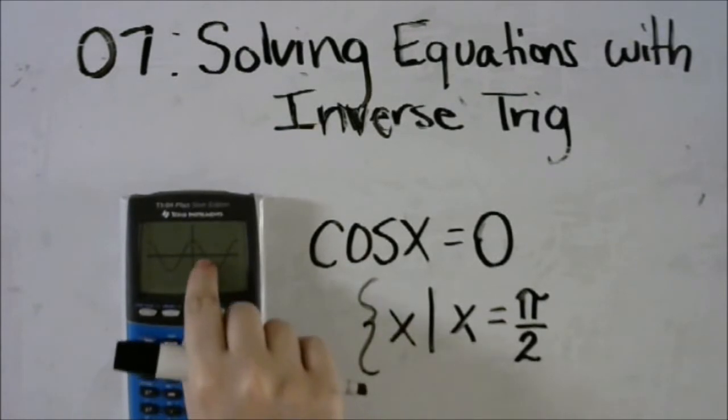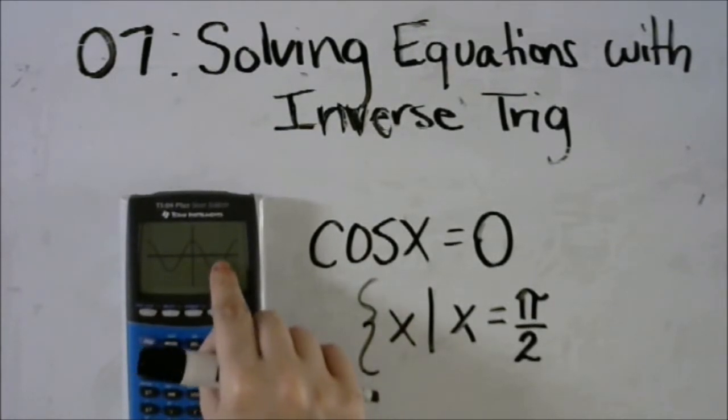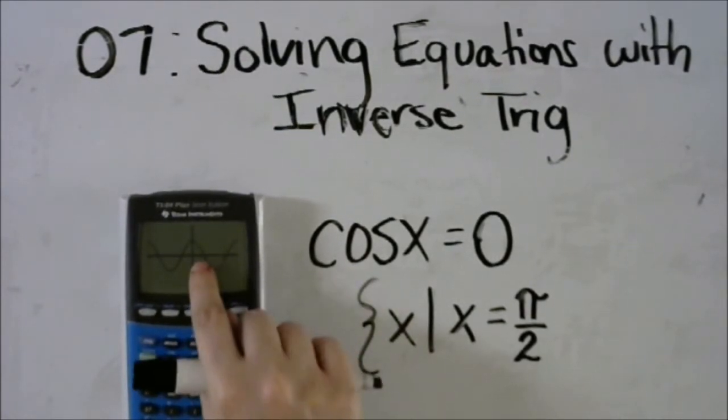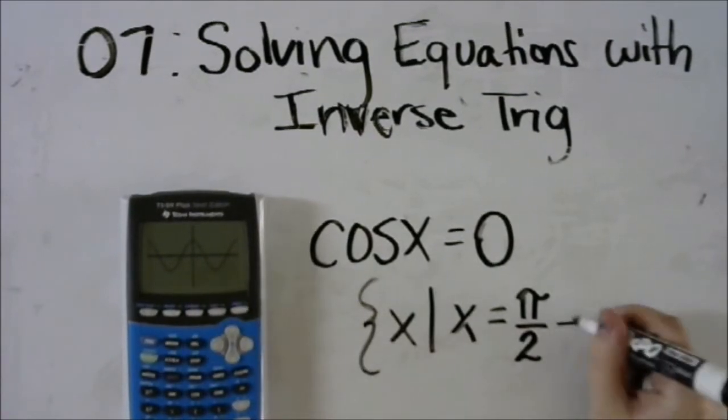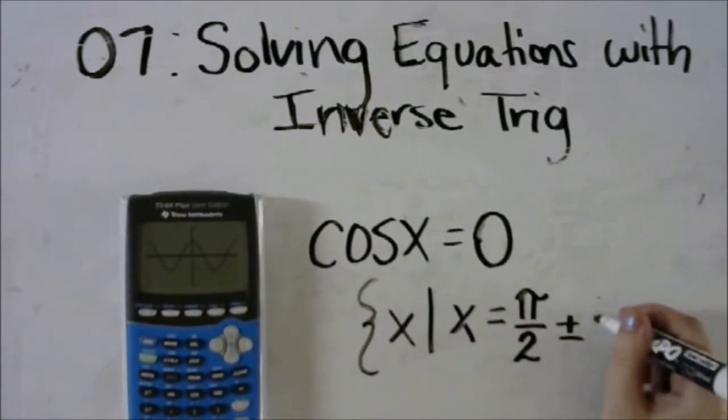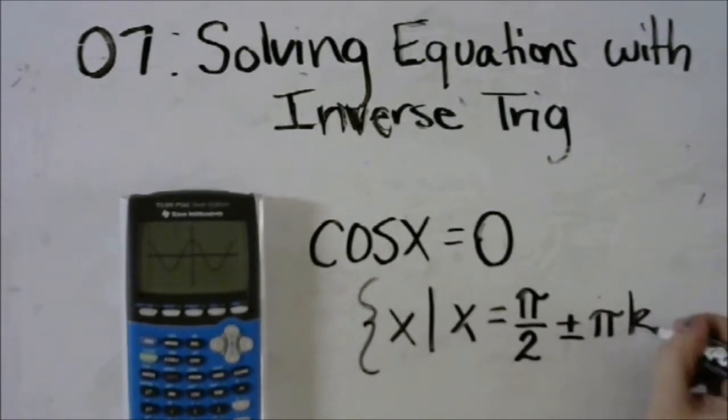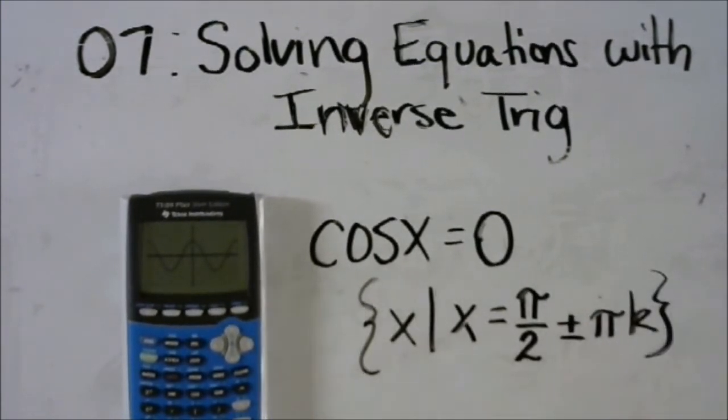So if pi halves is the first solution and 3 pi halves is the next solution, I know that each solution is pi away from the previous solution. And that's how we solve a basic equation.